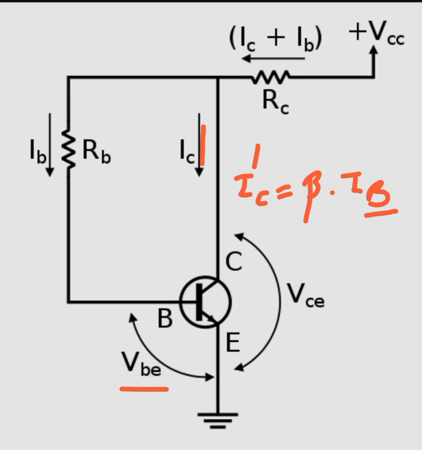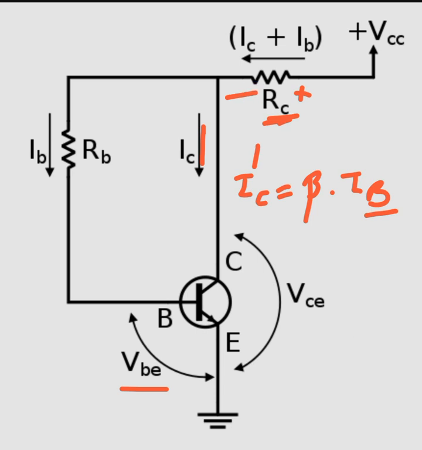When, due to the rise in temperature, the collector current rises, the current flowing through the resistor RC is increasing, and due to this the voltage drop across RC rises.